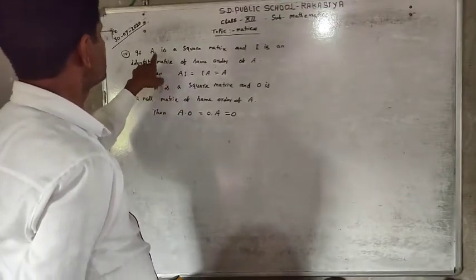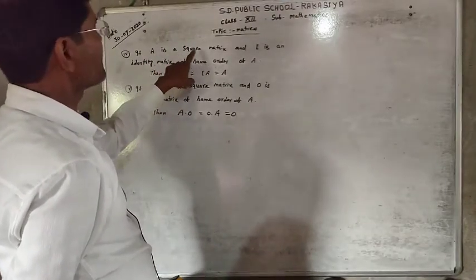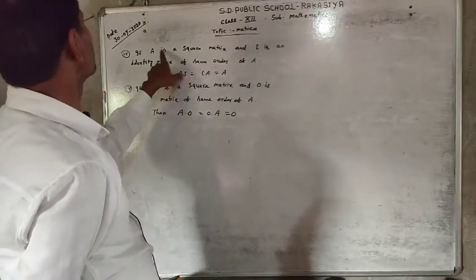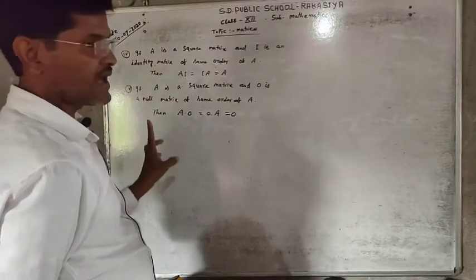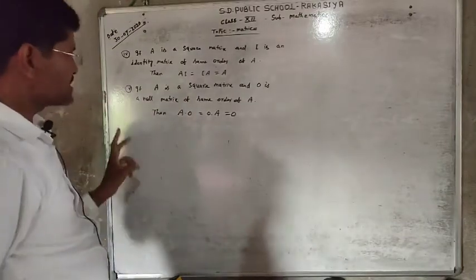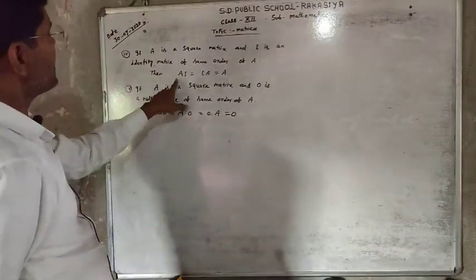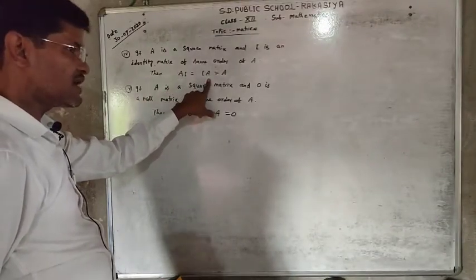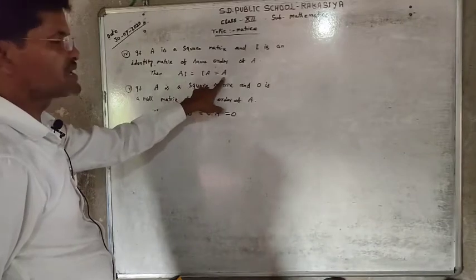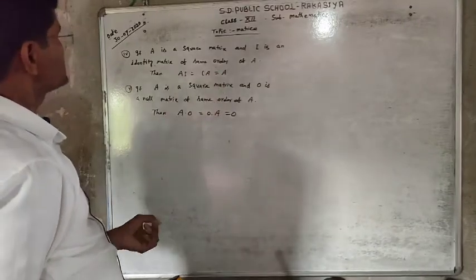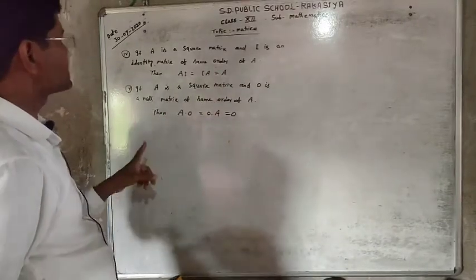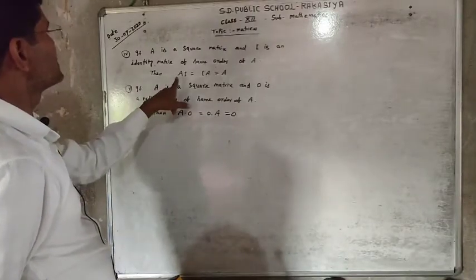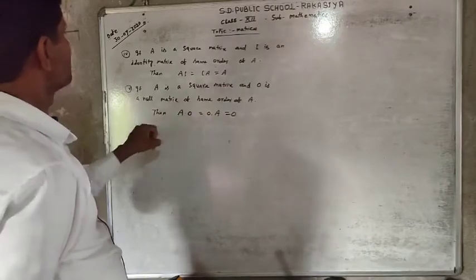We are given that A is a square matrix of any order and I is an identity matrix of the same order as matrix A, then AI will be equal to IA and it will be equal to A, meaning multiplication of any matrix with the identity matrix gives that matrix A.